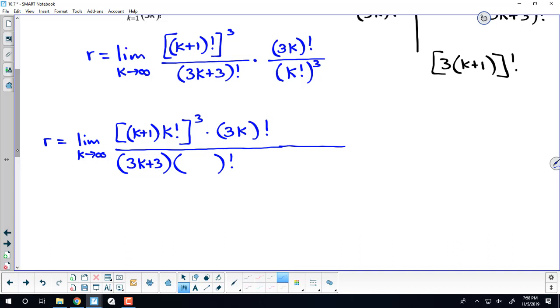So this is 3k plus 3 times 3k plus 2. Like 4 factorial is actually 4 times 3 factorial. It's just 1 less. But we want to keep going with that because we want to cancel that with the 3k quantity factorial on top. So we wouldn't stop there. We would say that's 3k plus 3 times 3k plus 2 times 3k plus 1 times 3k factorial, right?